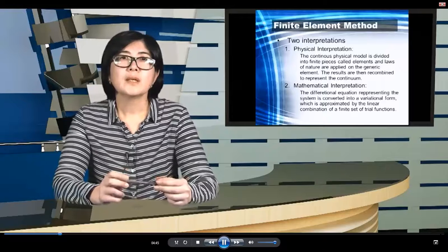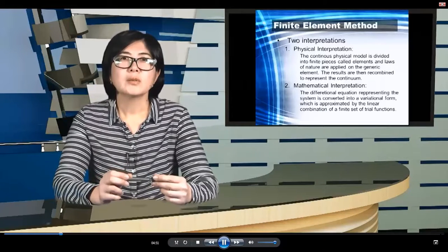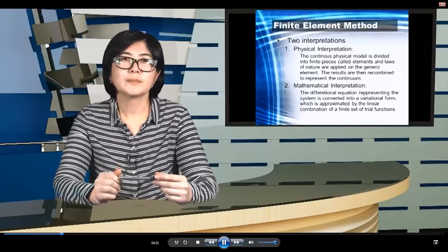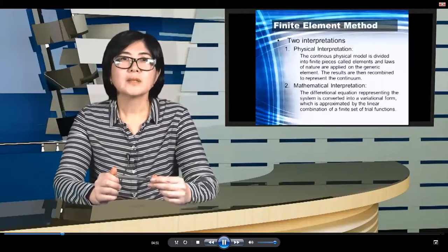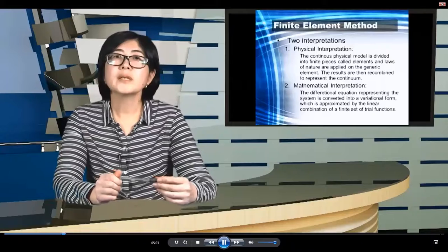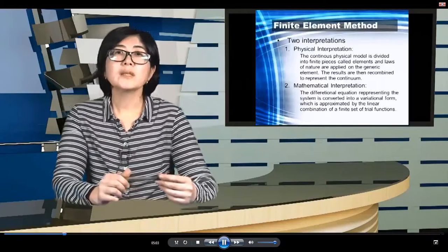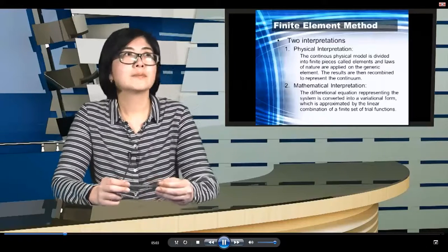This way, the method gained a broader mathematical foundation which extended its use to many engineering problems. Nevertheless, this difference in the engineering and mathematical points of view resulted in two different interpretations, which also affects the way the method is used in practice.